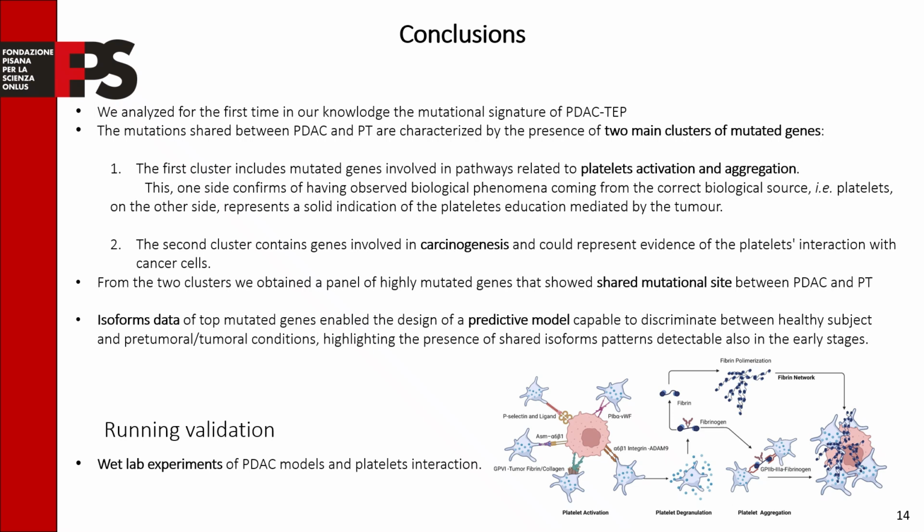Then from these two clusters we extracted a set of potential biomarkers with the interesting feature of sharing mutational sites between the PDAC and non-malignant populations. And from them we extracted the isoforms and we built a predictive model capable of discriminating healthy donors against the pancreatic disease condition in an early diagnosis fashion.